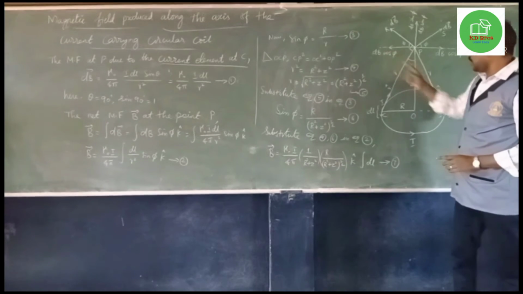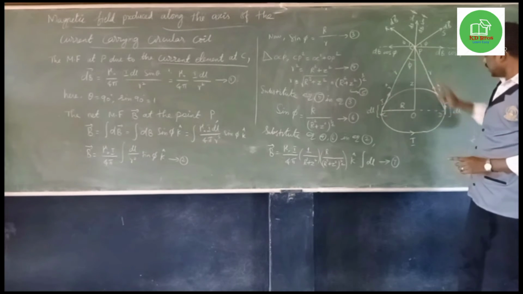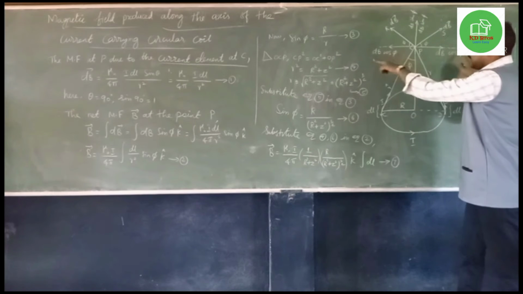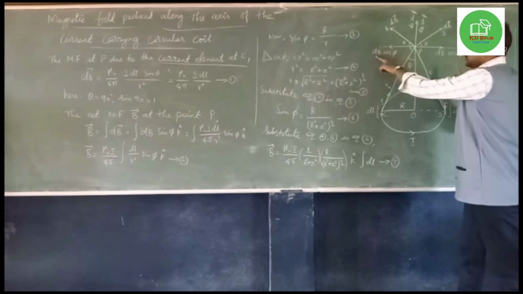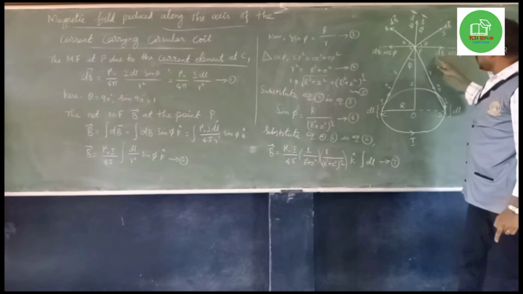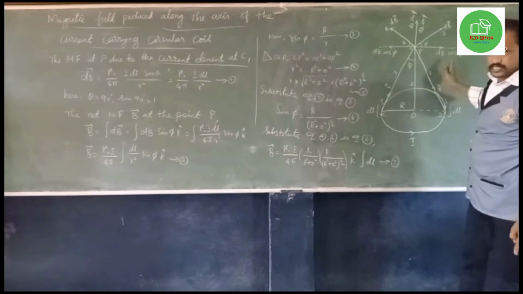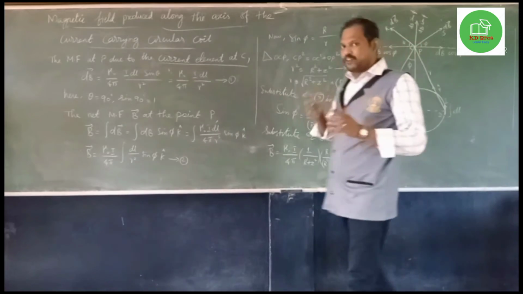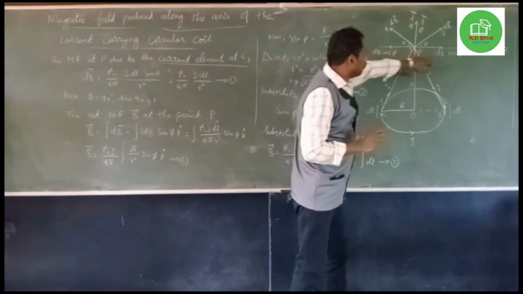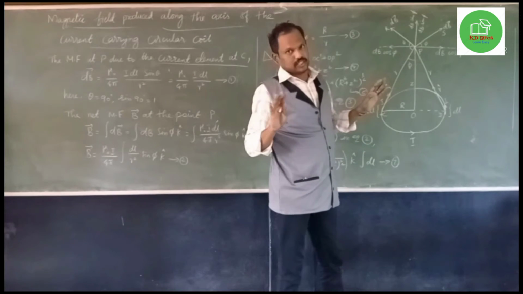So this dB value is equal with respect to point C and point D, and both will be acting in the opposite direction. This dB cos phi will be acting along this direction, and this dB cos phi will be acting along this direction. So both are equal and opposite, hence these two components get cancelled.